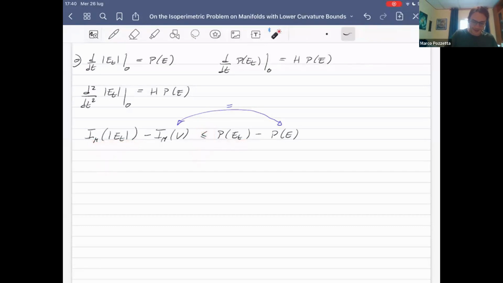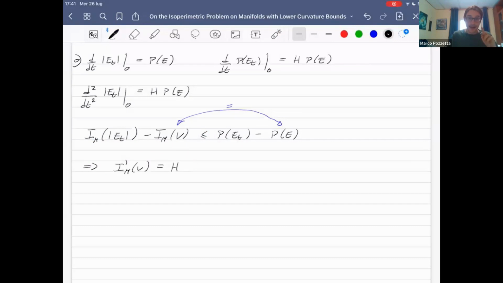I wrote it in this way because now, dividing by t positive, I can take derivatives, since they are touching, and I deduce that the first derivative at the volume V of the profile is equal to H. It's a very classical observation that the derivative of the profile is the mean curvature. So these were computation number 0.